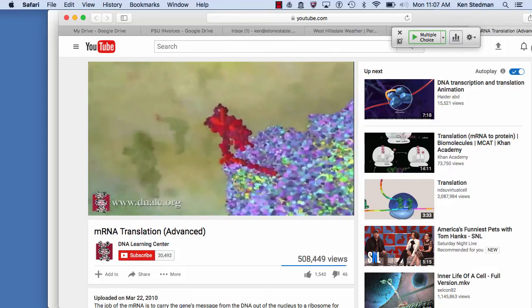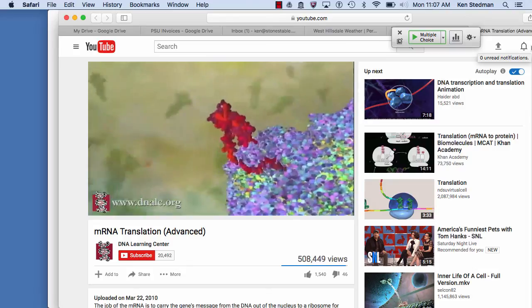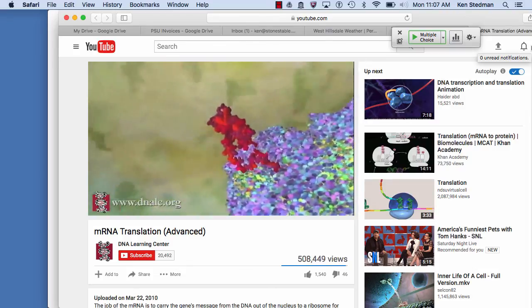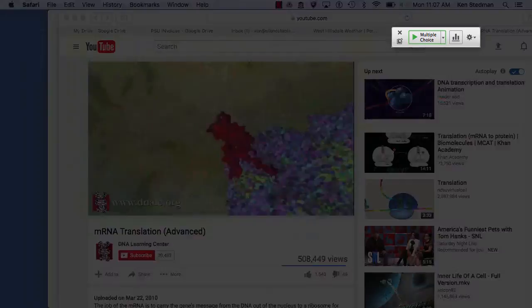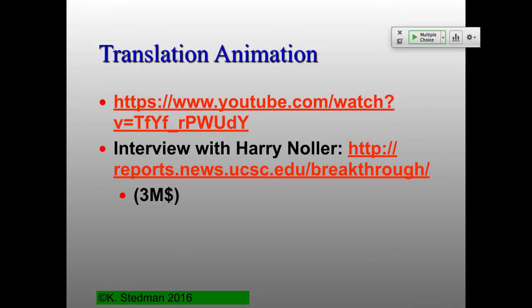So we can go back to the presentation here. So the tRNA binds to the mRNA via 3 base pairs, correct? So yes, the codon and the anticodon are going to interact with each other with 3 base pairs, one of which is a wobble. So sometimes it's going to be the exact base pairing, sometimes it won't be.